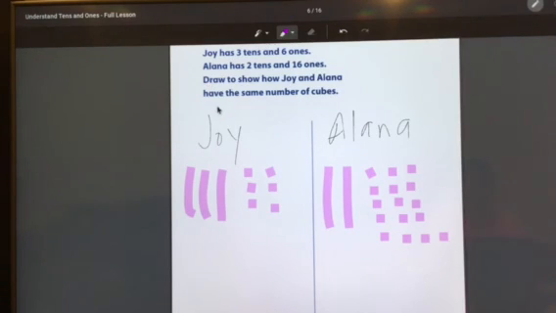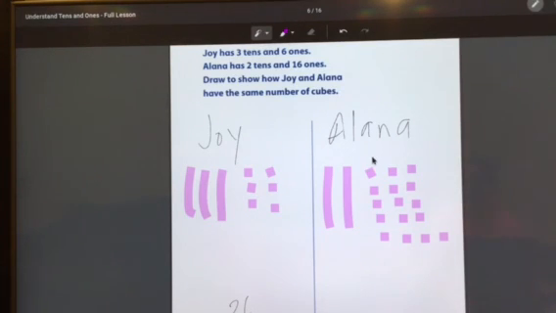Now I have to go back and count to make sure that Joy and Alana have the same number of cubes. 10, 20, 30, 31, 32, 33, 34, 35, 36. So on the line here, Joy has 36 cubes.